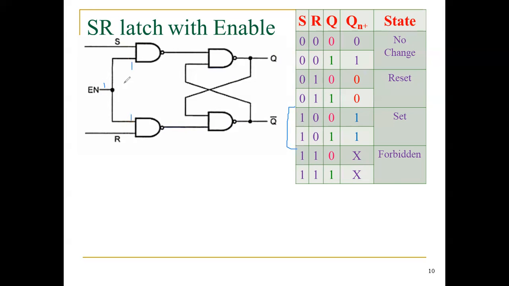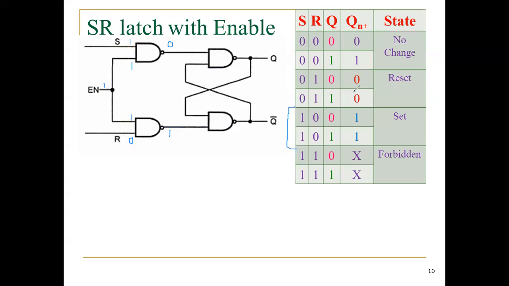So since enable pin equal to 1, one of the inputs of my N1 and N2 equal to 1. Now my S input, that means here set input is equal to 1 and reset input equal to 0. Since one of the inputs equal to 0, my output will be 1. Here both the inputs are 1, my output will be 0 according to the truth table of NAND gate.